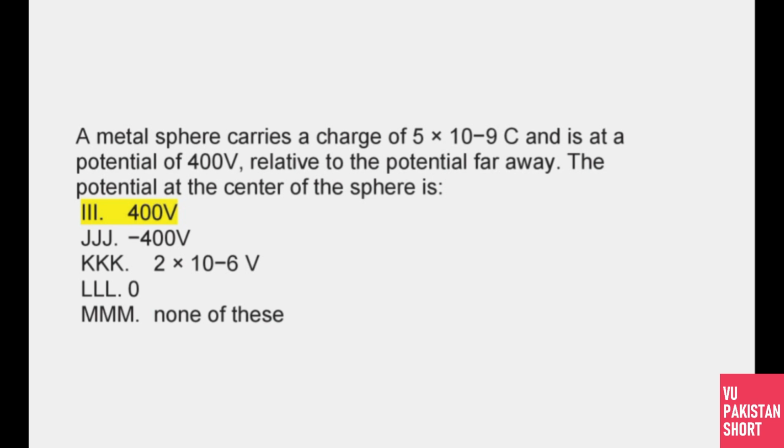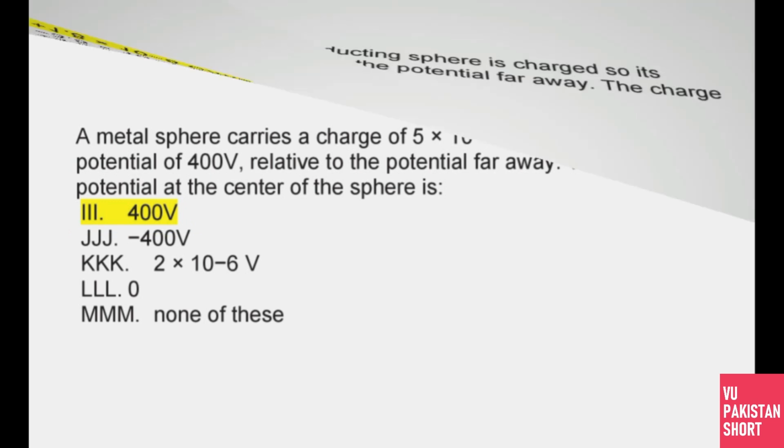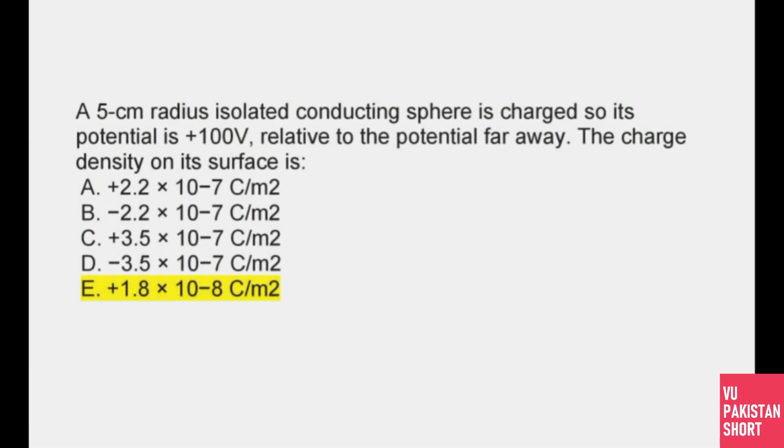The potential at the center of the sphere कितना होगा, वो होगा आपका 400 वोल्ट। अब a 50 centimeter radius isolated conducting sphere is charged so that its potential is 100 V relative to the potential far away.